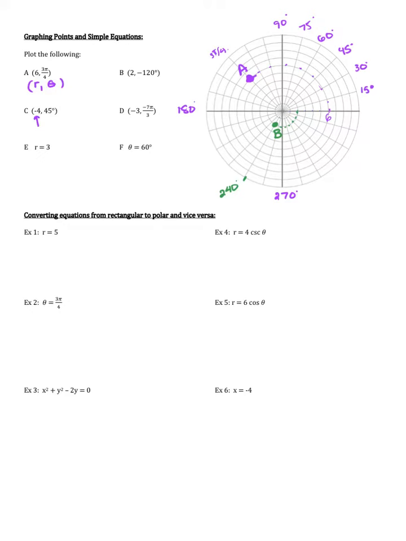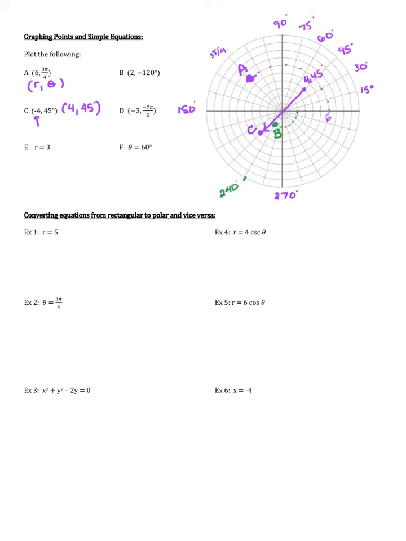So what I'm going to do is find where 45 is, the positive first. So 45 degrees, count out 1, 2, 3, 4. Here's a radius of 4. So what that negative means is 1, 2, 3, I'm going to come backwards, and here is where my final point resides. So out here was the point 4, 45.